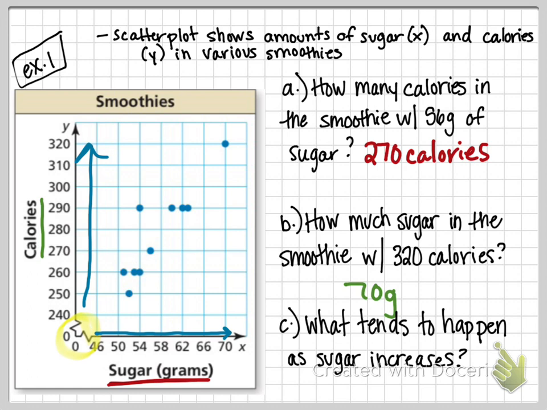So more sugar tends to equal more calories in the smoothie. As sugar increases, calories also increase. All right, so the first part is just being able to interpret a given scatter plot, the data on the scatter plot.